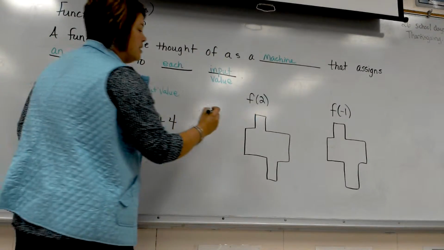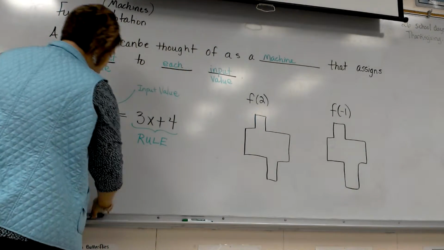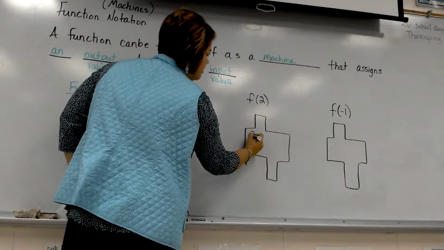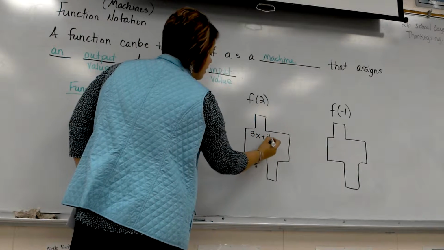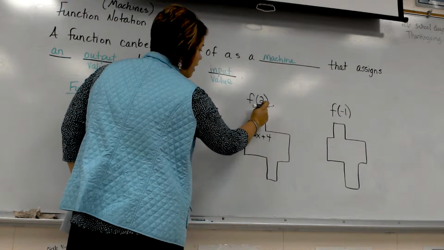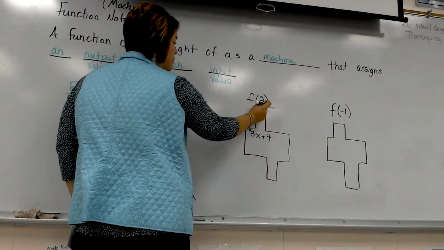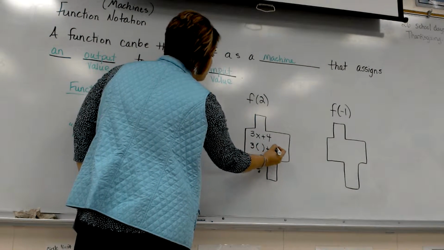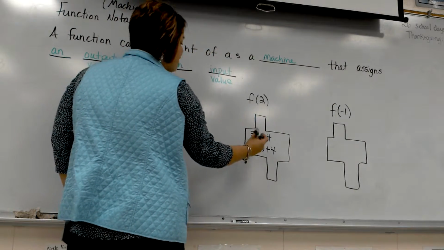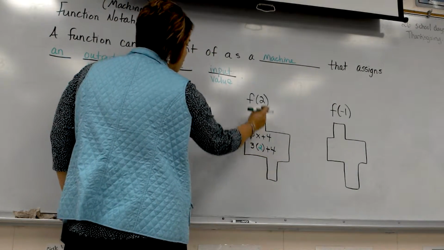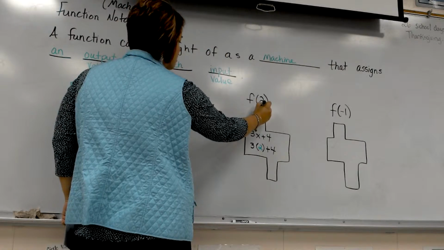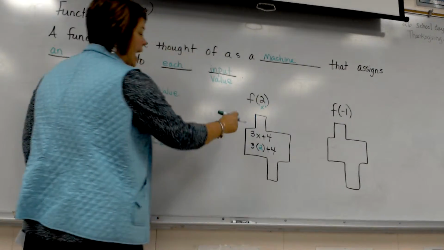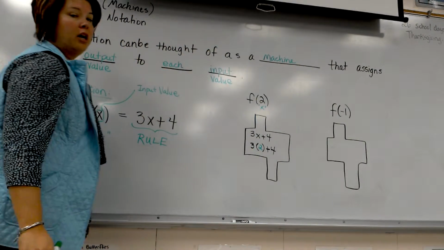So what that's telling us to do, here's our rule again, 3x plus 4. Our input value is this 2 right here. Remember, that's our input value. So we're going to put this 2 in the function. Everywhere there's an x, that's my input value, right? I'm going to put this 2 in there.